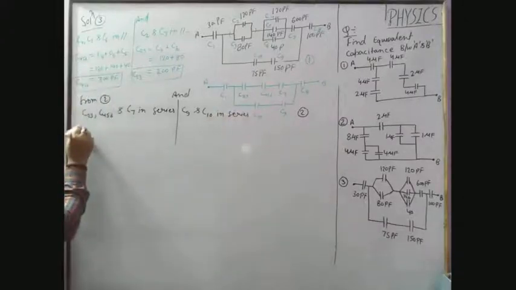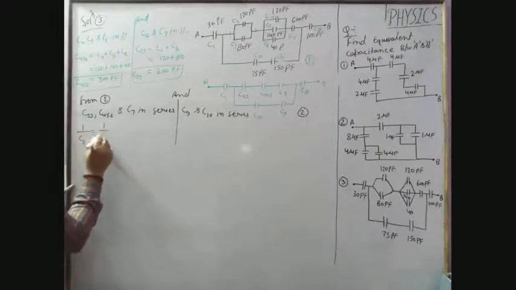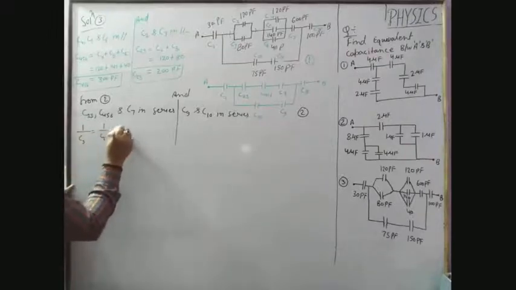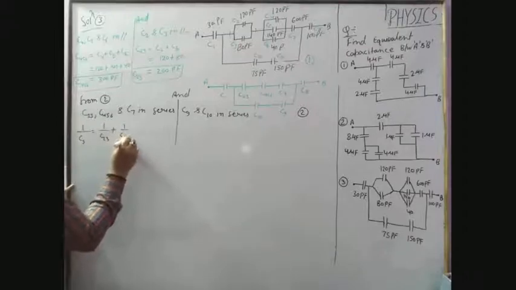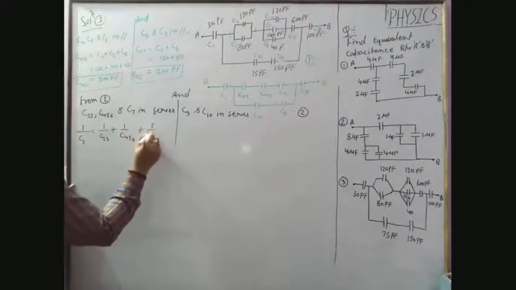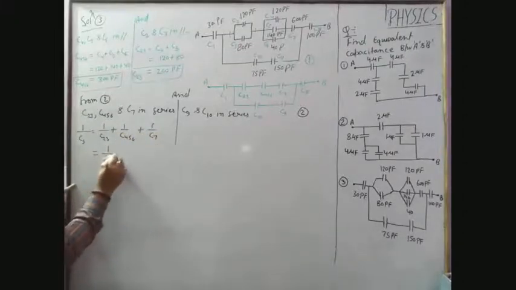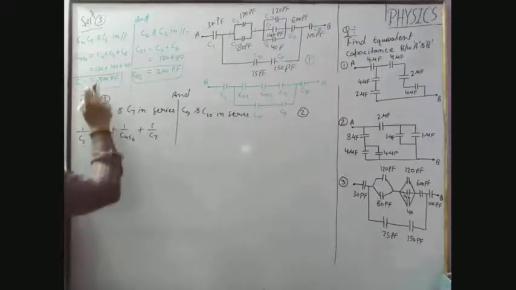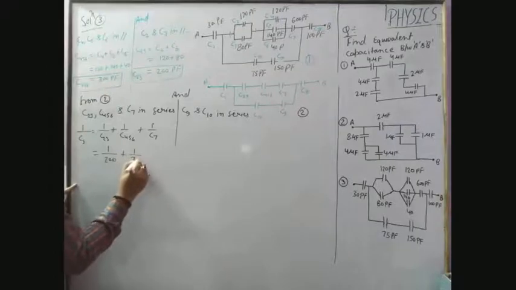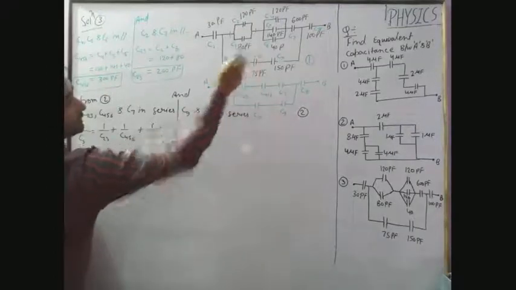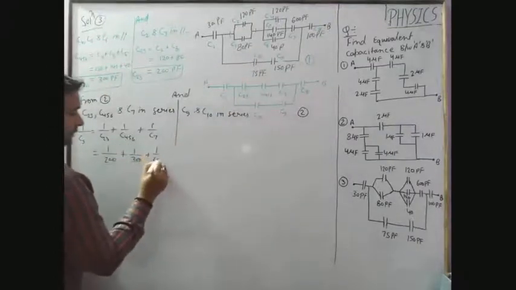Therefore CS, which we calculate for C23, C4,5,6 and C7, is 1 upon CS equals 1 upon C23, which is 200, this value is 300 and C7 is 600.